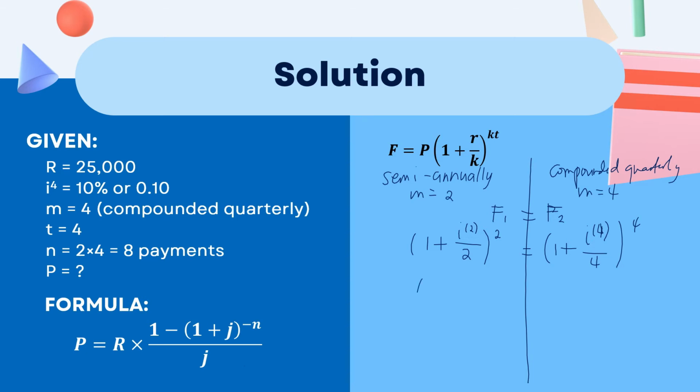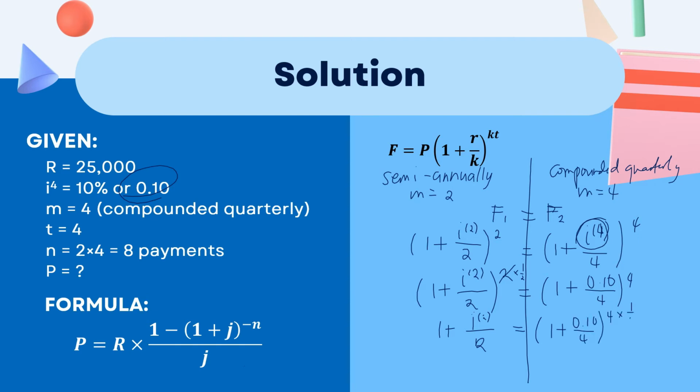Then, syempre, substitute. Since meron na tayong interest rate, diretso na po natin na lagyan po ng value yan. 1 plus 0.10 over 4 raised to 4. Then, kailangan po natin ito i-eliminate. So, mag-multiply po tayo ng 1/2. Simplify natin. We have now 1 plus 0.10 over 4 raised to 4 times 1/2.